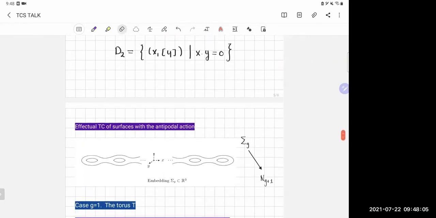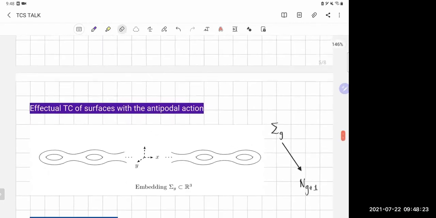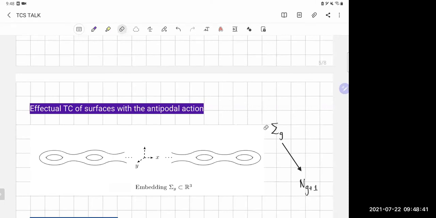Now we have here the effectual TC of surfaces with antipodal action. So think of the orientable surface sigma g of genus g embedded in R3 as here in the image, so that the reflection in all coordinate planes yields symmetries of sigma g. Consider the antipodal involution on sigma g.